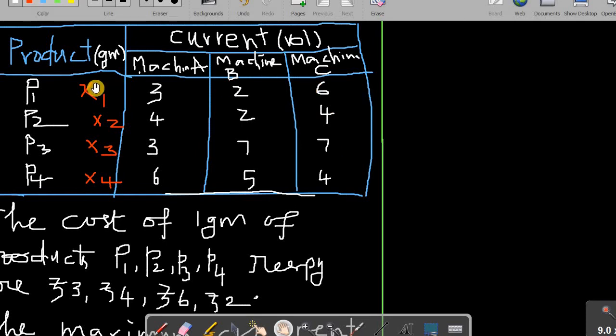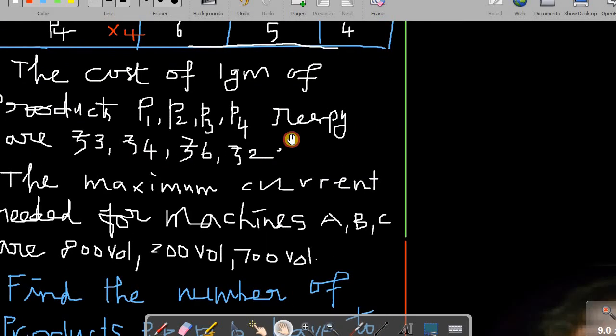So 6 into x1 will give you the total consumption of current for product 1 by machine C. 4 into x2 will give you the total consumption of current for the second product under machine C. 7 into x3 gives the total consumption of current for P3 under C, and the last one, 4 into x4, gives the total current consumption for P4 under machine C. And that must be less than or equal to 700 volts.